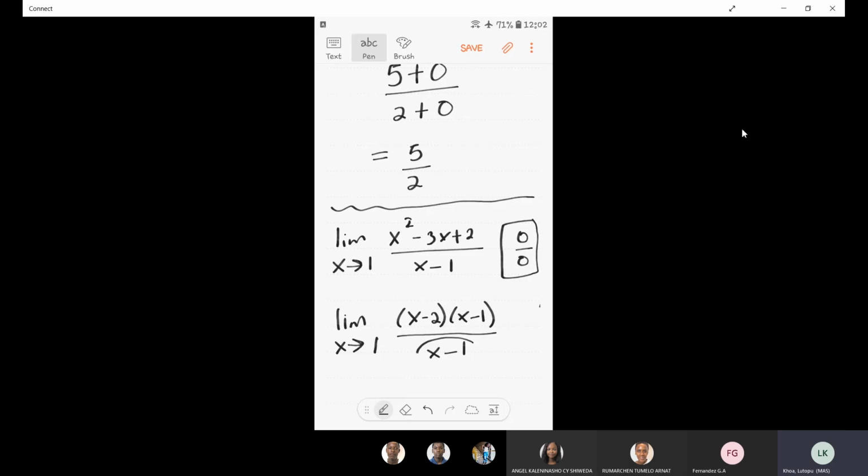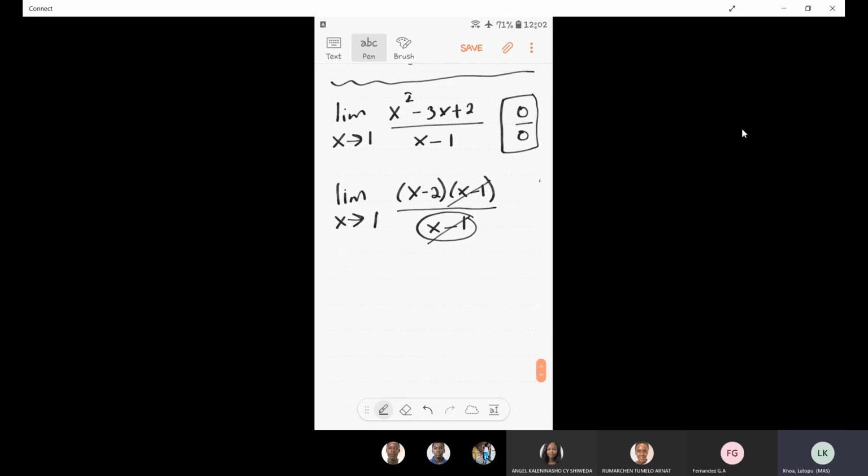Then this x minus 1 will cancel with that one, and I'm left with the limit as x goes to 1 of x minus 2. And now I can substitute, and when I substitute, my limit is gone. As long as I substitute, I no longer write limit as x approaches 1. I just write the limit value itself. So this is equal to minus 1.